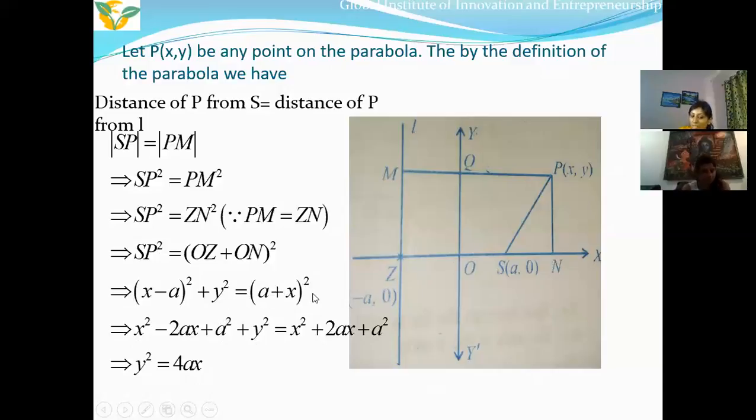A plus b the whole square on the right hand side gives x square plus 2ax plus a square. Cancelling the same terms on either side, we are left with y square on the left hand side, and the minus 2ax moved to the right hand side becomes plus 4ax. So that is the standard equation for the parabola.